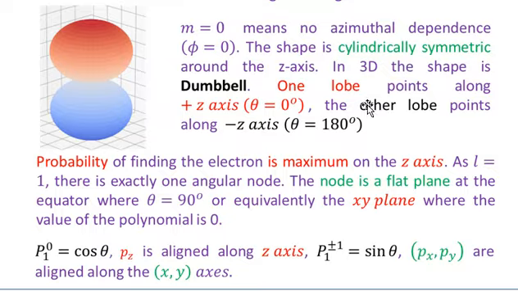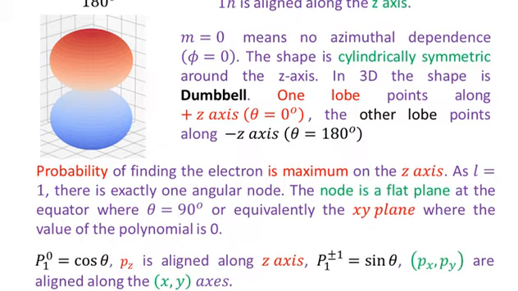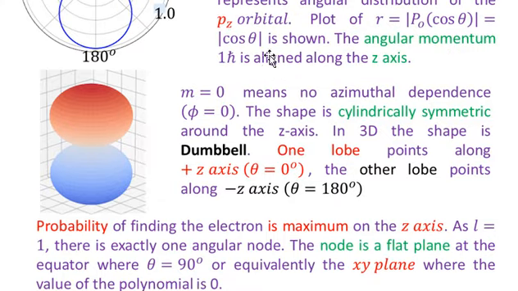Because you know that our polynomial in this case is defined as cos of theta. And when theta is equal to 90 degrees, the value of cos of theta will be equal to 0. And even when theta is equal to 270 degrees, cos of theta is equal to 0. So at theta is equal to pi by 2 or theta is equal to 3 pi by 2, the value of the cosine function is equal to 0. That is, the value of the polynomial is 0 at the xy plane.